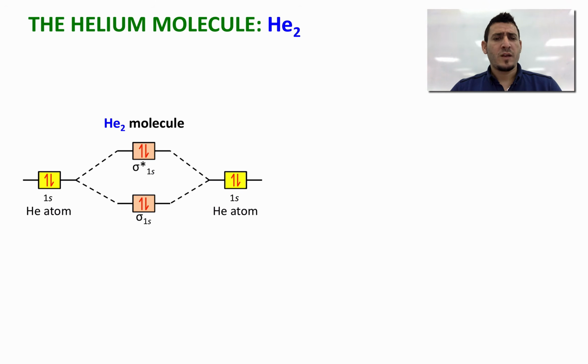Now if we find the bond order for He2, we can see that the bond order is equal to 0 because we have 2 bonding electrons and 2 antibonding electrons. A bond order of 0 means that a bond cannot form between the 2 He atoms, and therefore the He2 molecule is going to be an unstable molecule and it will not form.